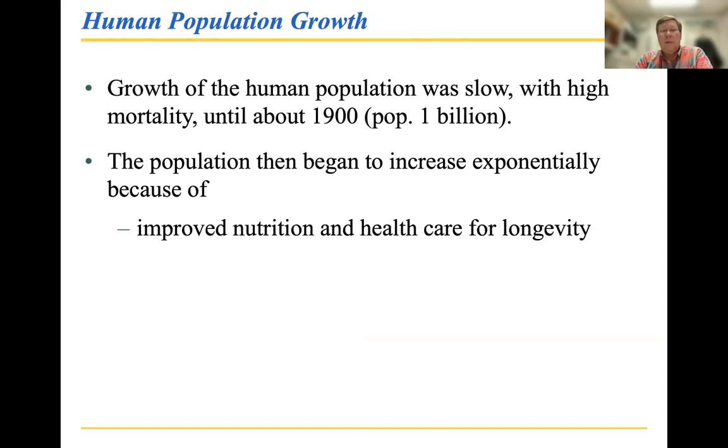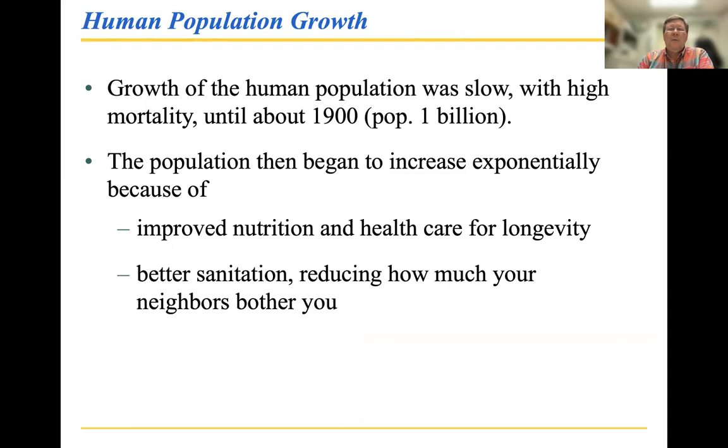Well, first of all, we improved nutrition. People started to figure out how to do agriculture well. Secondly, we figured out more about diseases and provided better health care that allowed greater longevity. So people lived longer and people lived better.